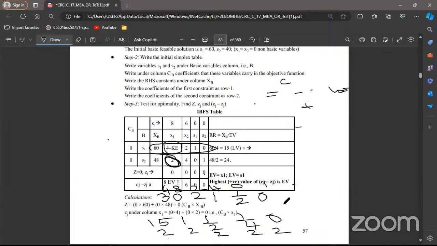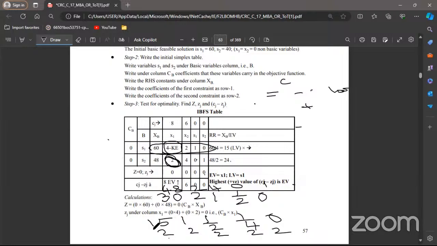Whatever you have got, subtract it from the old values and you will get the new values. 48 minus 30 is 18. 2 minus 2 is 0. 4 minus 1 is 3. 0 minus half is minus half. 1 minus 0 is 1. So these are the new values. Are you getting the point?